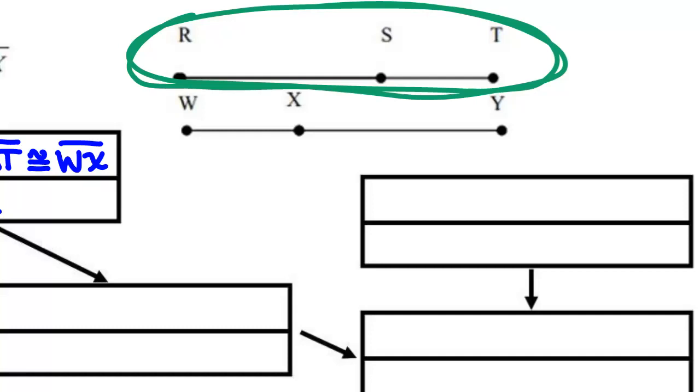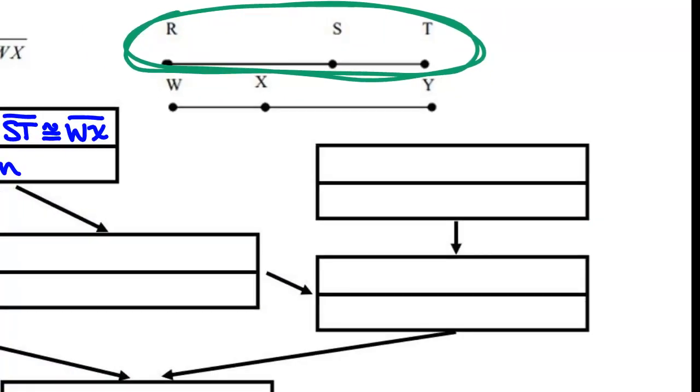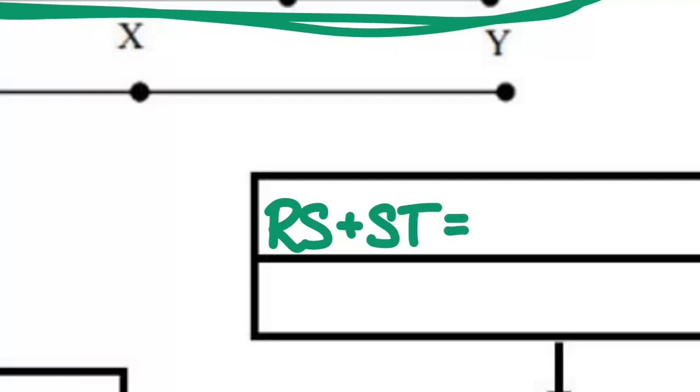So how many little segments are there? There are 2 little ones, and I can put them together to get the whole big line segment, right? What are the 2 little line segments that I would put together? RS and ST. How do we put things together in math? We add them. RS plus ST. When I put those lengths together, it gives me the length of what? RT.